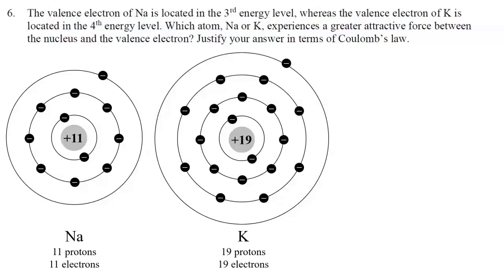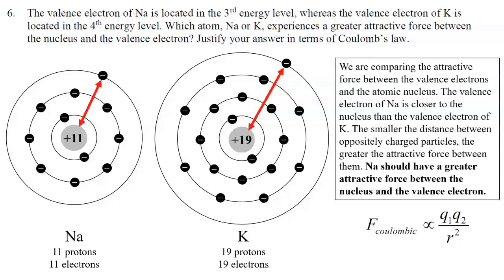But it turns out that when you change to a higher energy level, the distance between the nucleus and the outer electron shell is going to be the more dominant thing in terms of Coulomb's law. This is about the distance. So Coulomb's law has charge and distance, but here we're going to focus on the distance. So the distance between the nucleus and the outer shell, that's what's going on here.